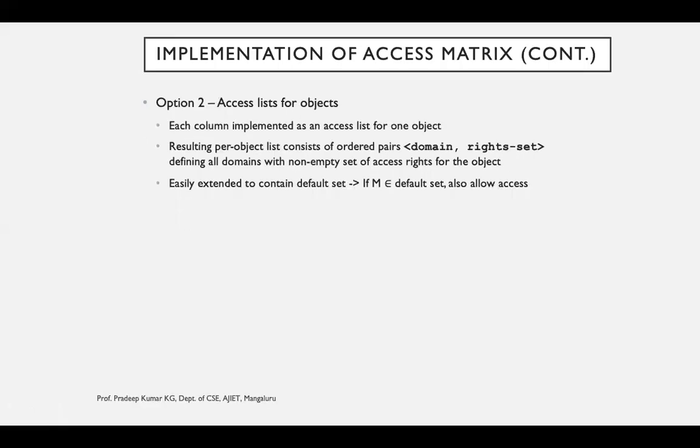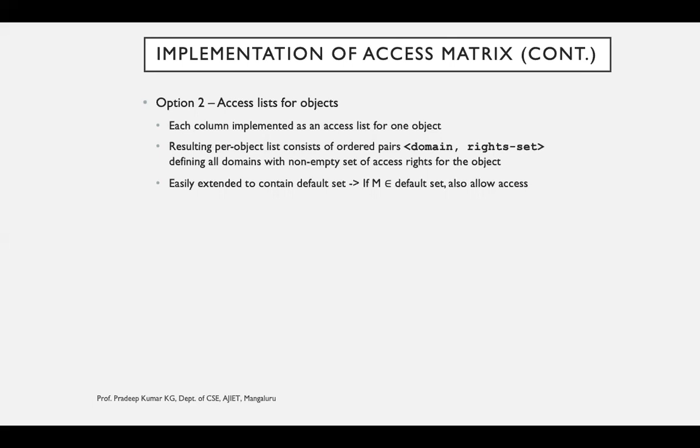The second option is we can have an access list for objects. When we say access list, it should be an ordered list, with a sequence of the objects and then the domains.